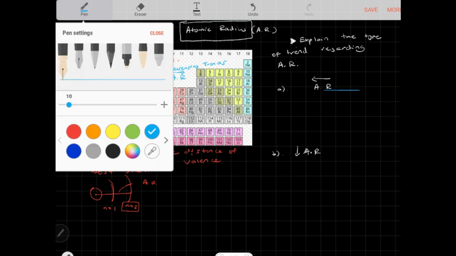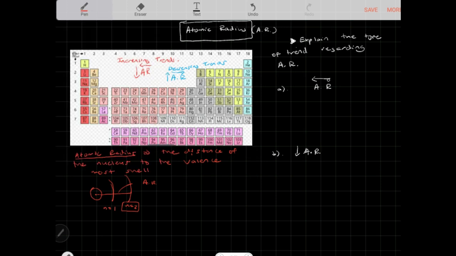If I'm looking at the atomic radius here, going from right to left on a period, the atomic radius will essentially increase. Let's say increasing trend. What this tells us is that atoms to the left of the period, relative to another atom, are going to have a larger atomic radius, which means that they are larger in size.